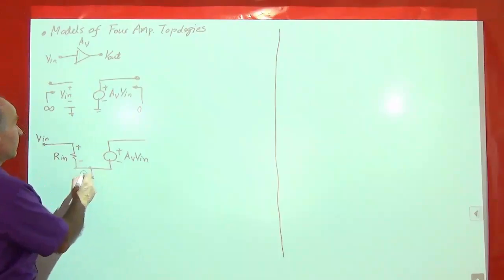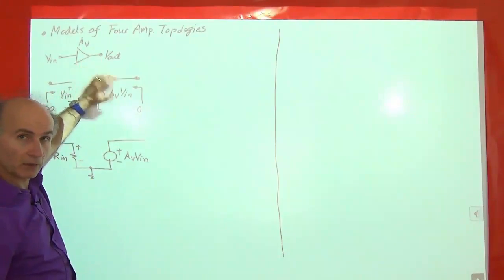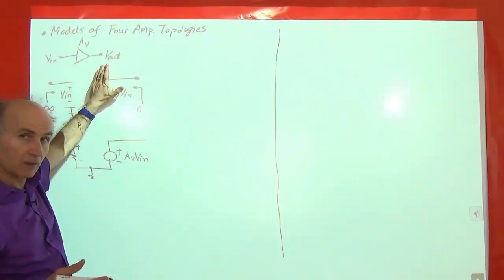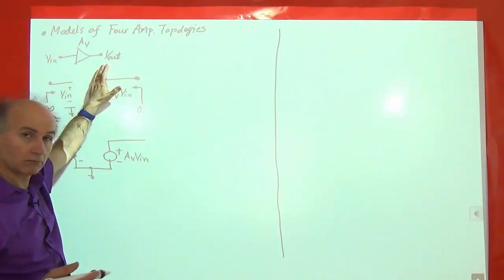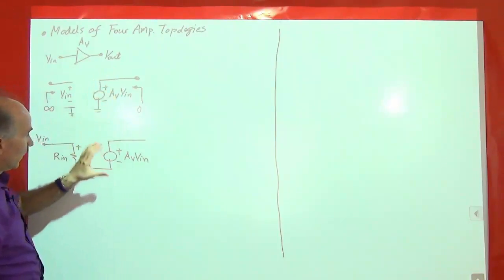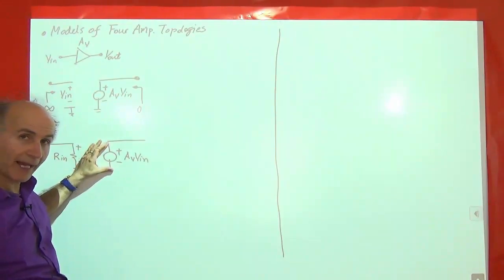All right, but what if the output resistance of the circuit is not 0? Right? In the ideal case it is, but in reality it's not. Let's say it's the output resistance of a source follower, 550 ohms, 100 ohms, right? What do I do? So now I have a voltage source, but that voltage source is not ideal. How do I make it non-ideal?